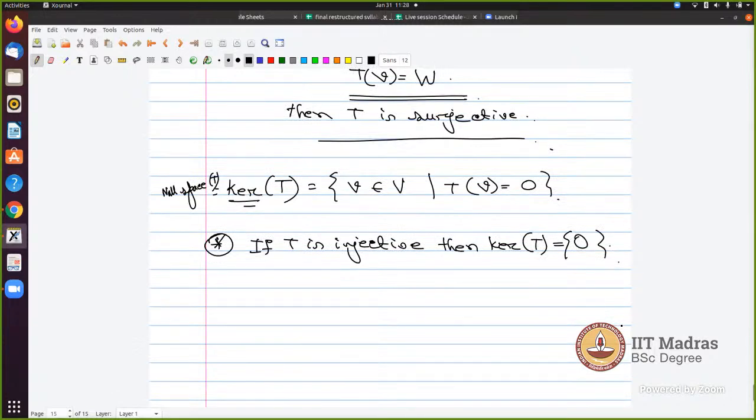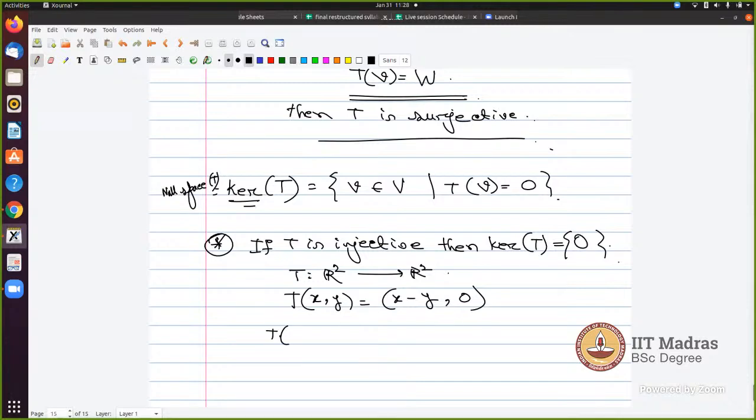Let me take an example, the previous example which I have taken. This is my linear transformation T from R2 to R2. What is the kernel of this? Kernel means the set of all vectors which are going to 0.